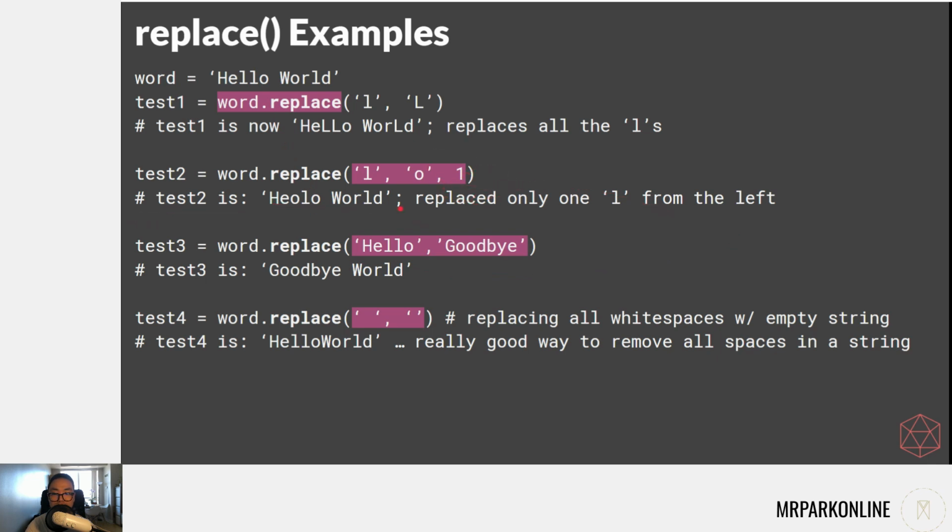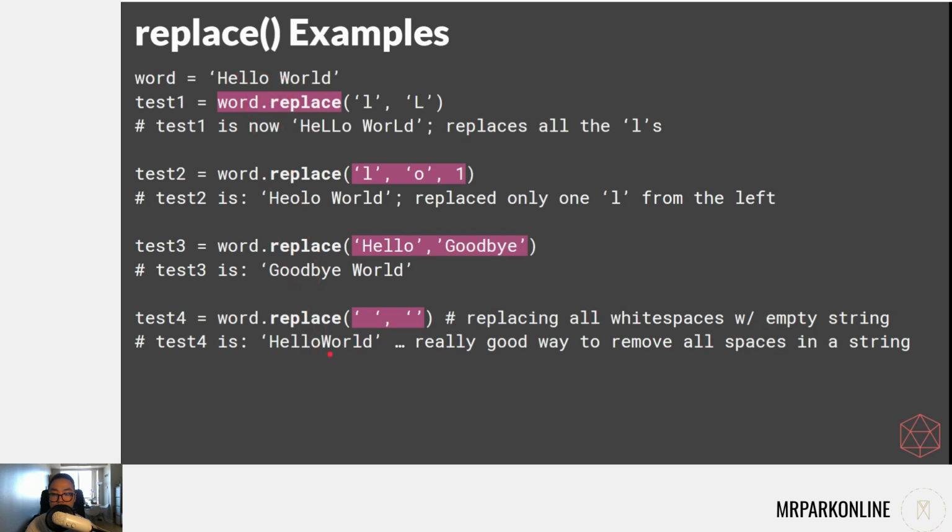So we get this as our result. In test 3, we're going to replace hello with goodbye. We're going to get this really sad message, goodbye world, because we found this entire pattern and replaced it with goodbye. And here, test 4, I'm going to look for a white space and replace it with an empty string. In this case, we had a white space there.